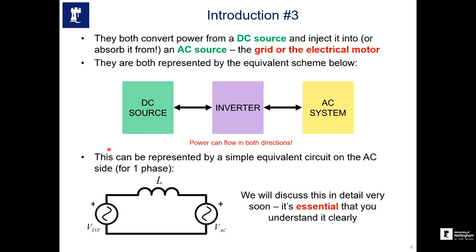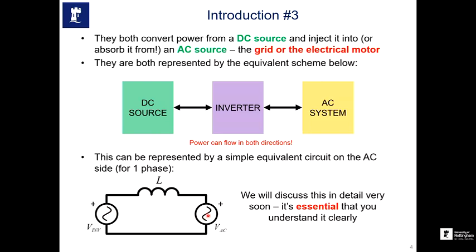Okay. In terms of equivalent circuit, we can represent these two systems, the inverter and the AC system, by using a very simple model, sometimes called a transmission line model as well. In this lecture, we will explain how you can utilize this simple equivalent circuit where you have basically 2 AC sources.